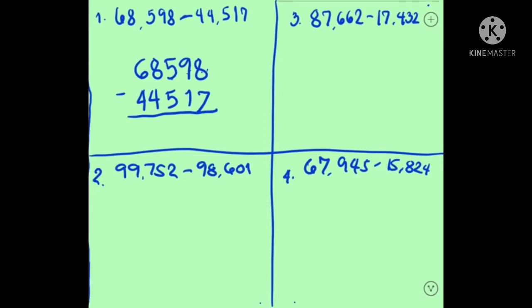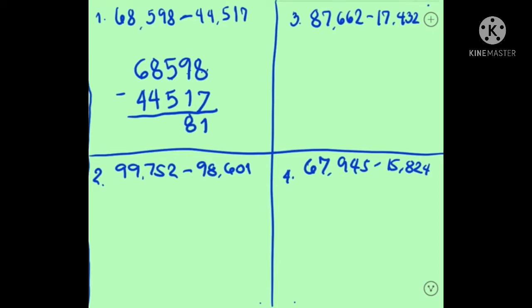Okay? What is 8 minus 7? 8 minus 7 is 1, correct. 9 minus 1. 9 minus 1 is? Yeah, that is 8. 5 minus 5.